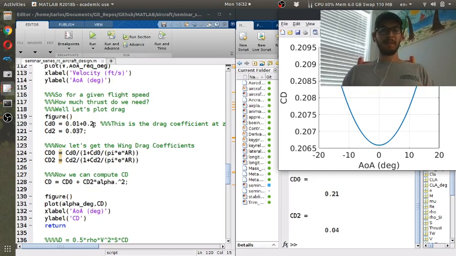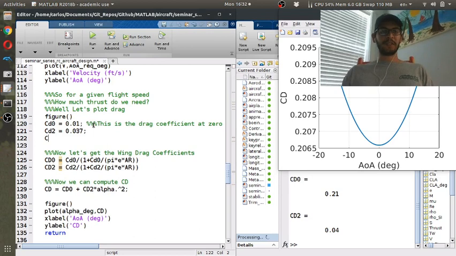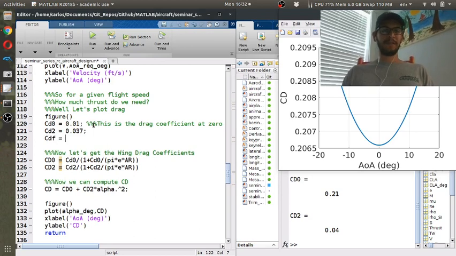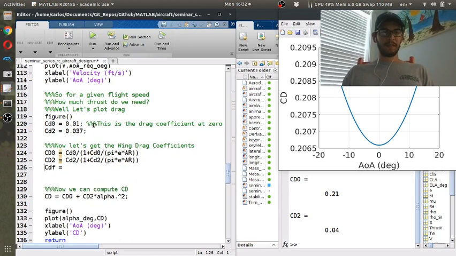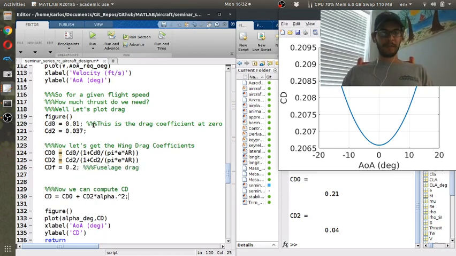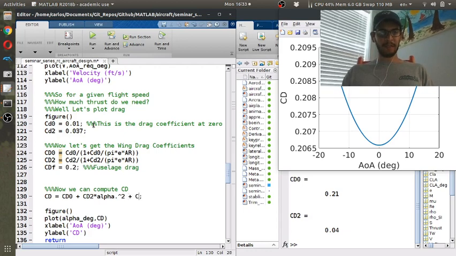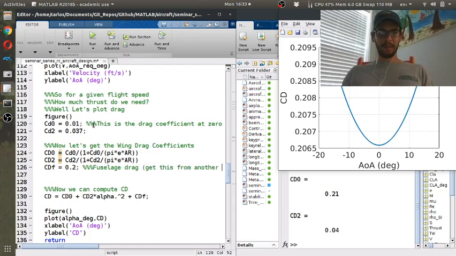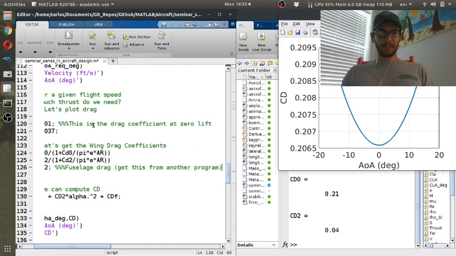I'm gonna say that you're just gonna add a parameter called CDF down here, CDF for fuselage drag, and I'm just going to add it to this equation here, CDF, and I'm going to say get this from another program, okay?